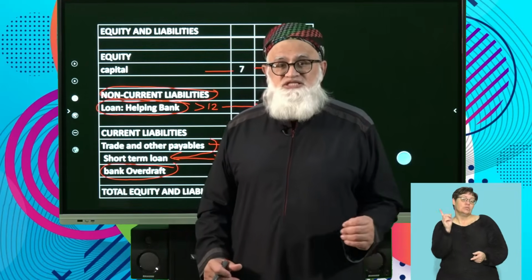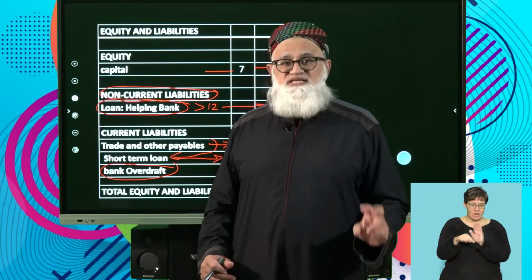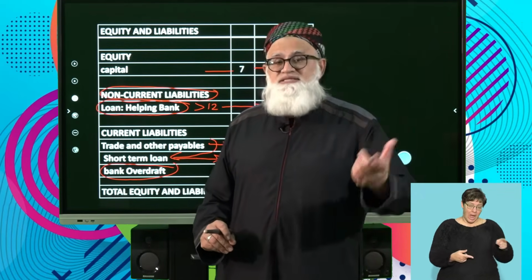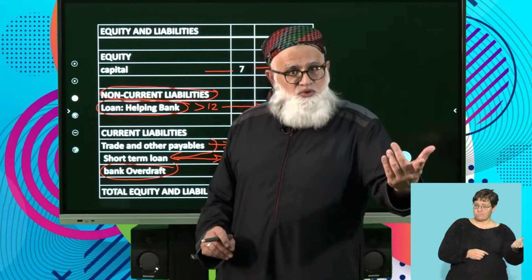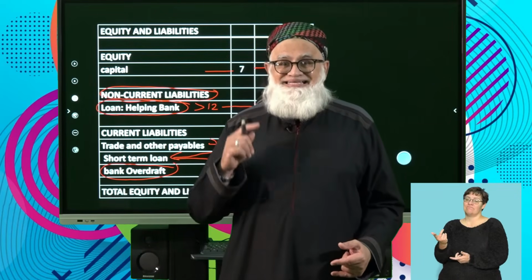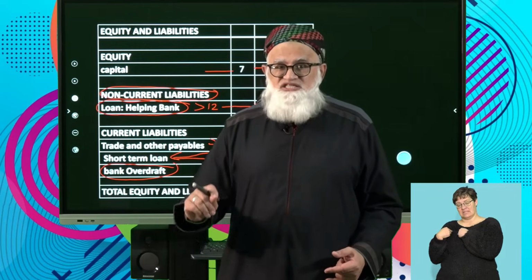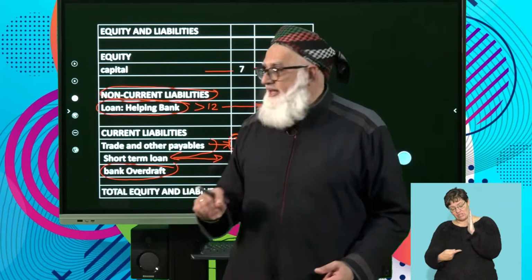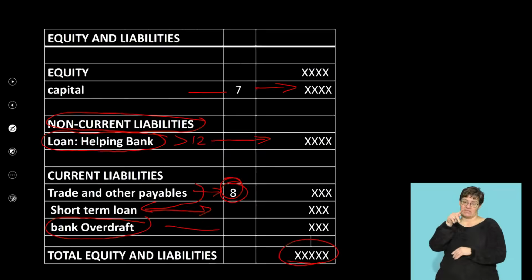Always check the status of your bank account, whether it is a favorable bank balance or whether it is in overdraft. Certainly, if it is a favorable bank balance, it will appear under cash and cash equivalents. But if it's in overdraft, it will appear under my current liabilities on the face of my balance sheet as a bank overdraft. Okay, so there we go.